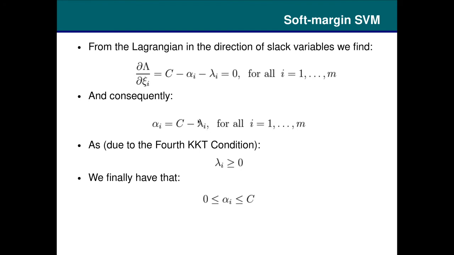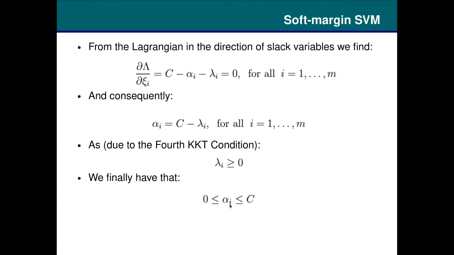So if it's greater than or equal to 0, it could be at the limit, it could be equal to 0. If it's equal to 0, alpha i can be at most equal to C. If lambda i is like 5, it's going to be C minus 5, or C minus 10, or C minus 20, or C minus something. However, alpha i cannot be, take a look, smaller than 0. It has to be at least greater than or equal to 0. So this makes a very nice simplification in our problem.